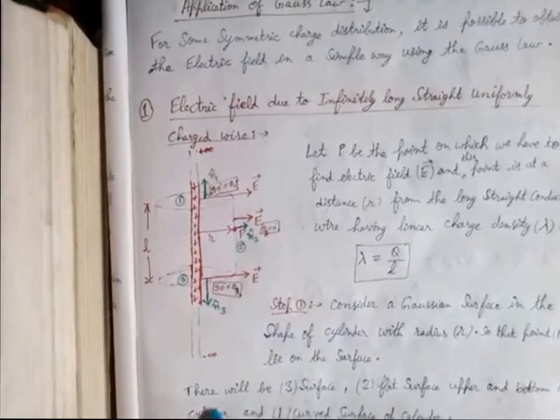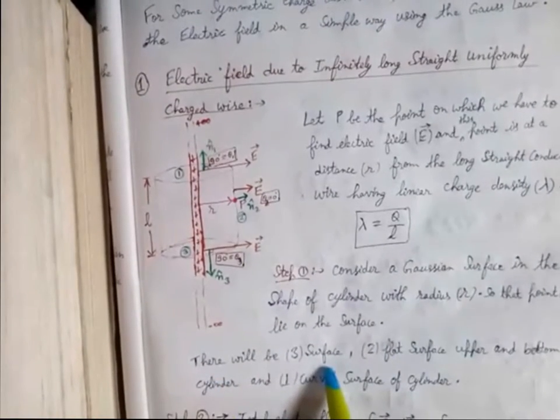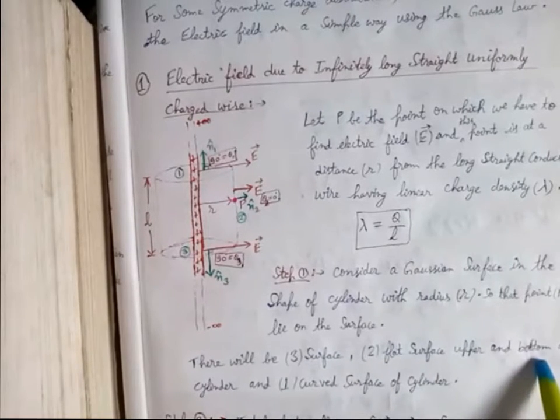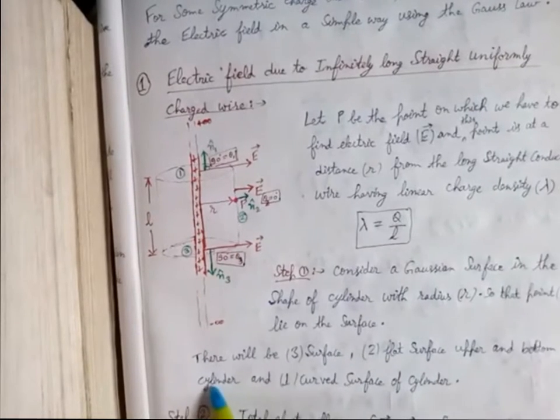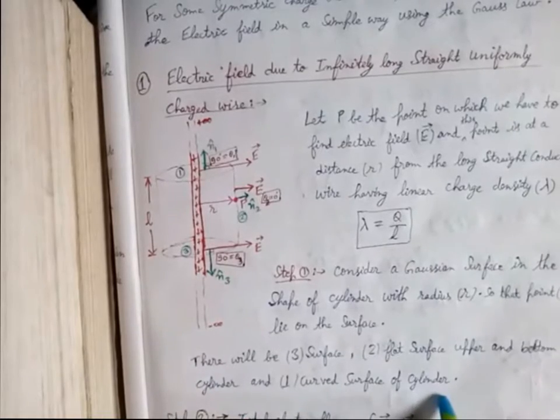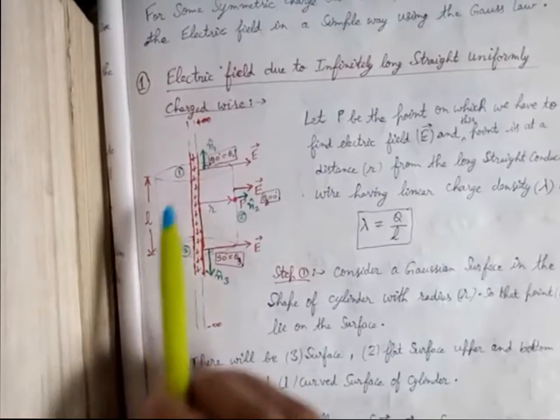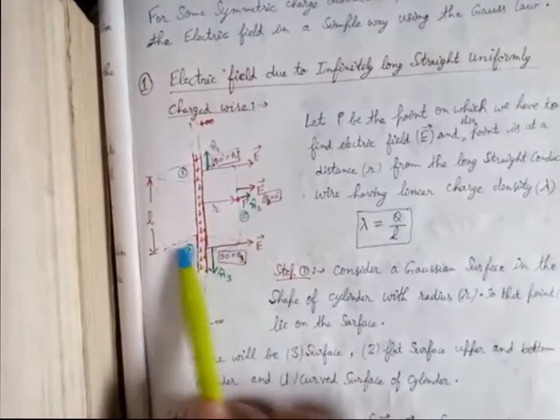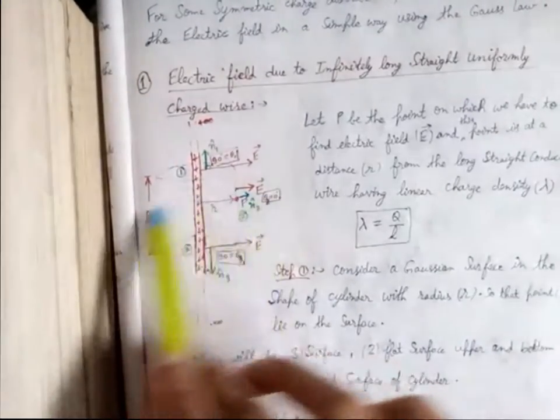In this we have three surfaces: two flat surfaces, the upper and bottom surface of the cylinder, and one curved surface of the cylinder.